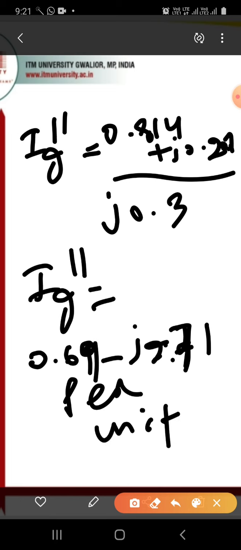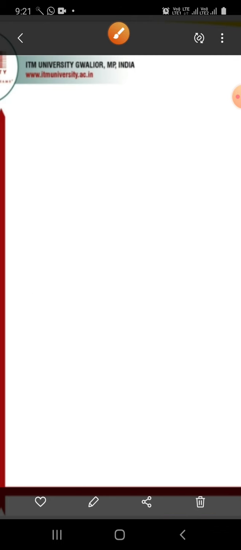Again, I can write the real value of Ig double dash.